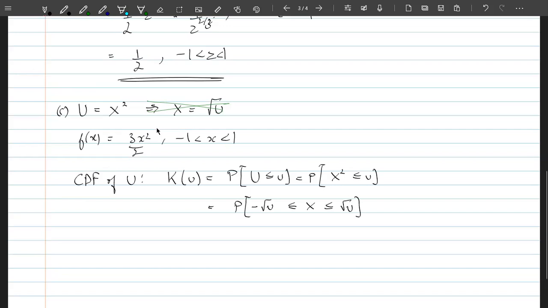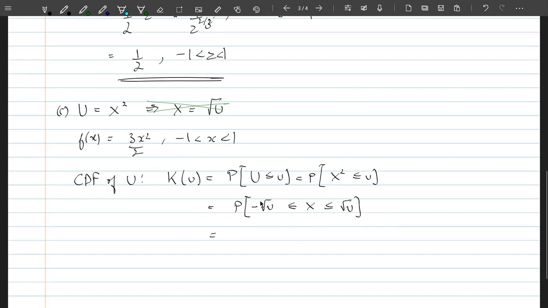If you recall an earlier example, we took only one part of it because x was between 0 and 1 over there. Here x is between minus 1 and 1. So this is also a possibility with non-zero probability. Can we write this in terms of CDF? If it was only this part, then it is just capital F of square root of u.